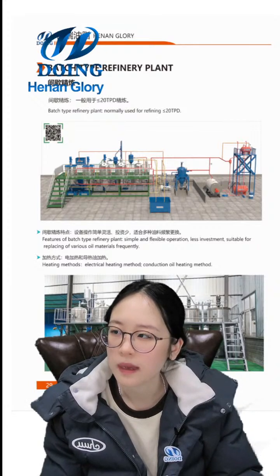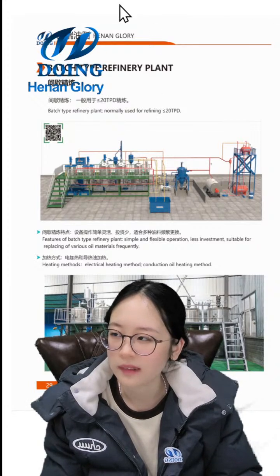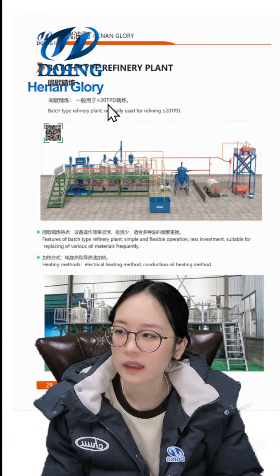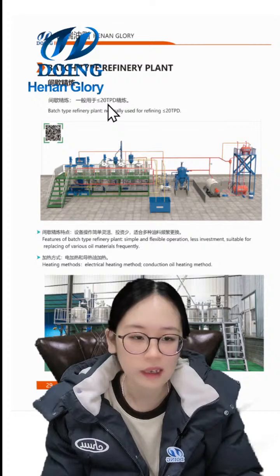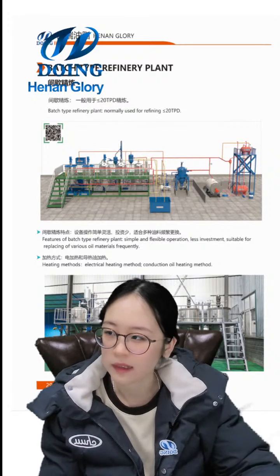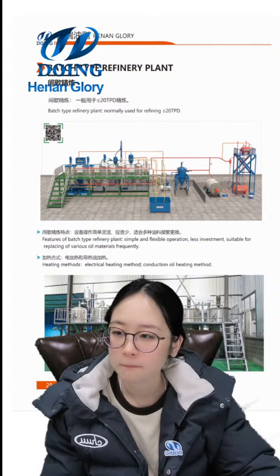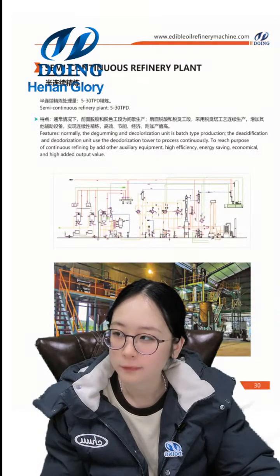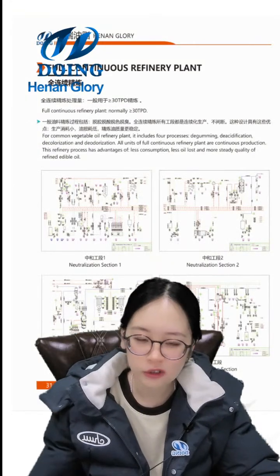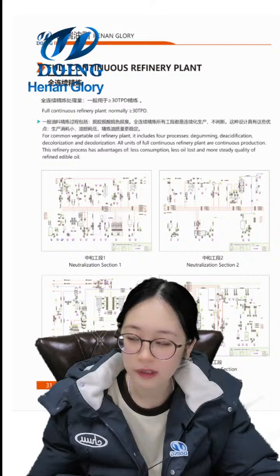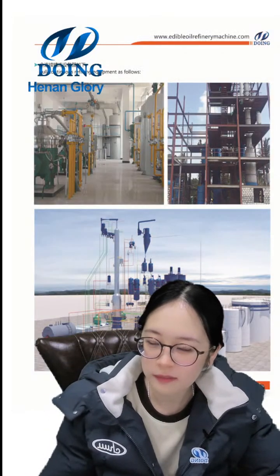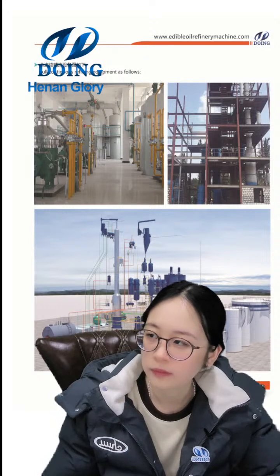Here is the best type of refinery plant. It can be used for a capacity of 20 tons per day. The picture shows we have the machine or the production line.